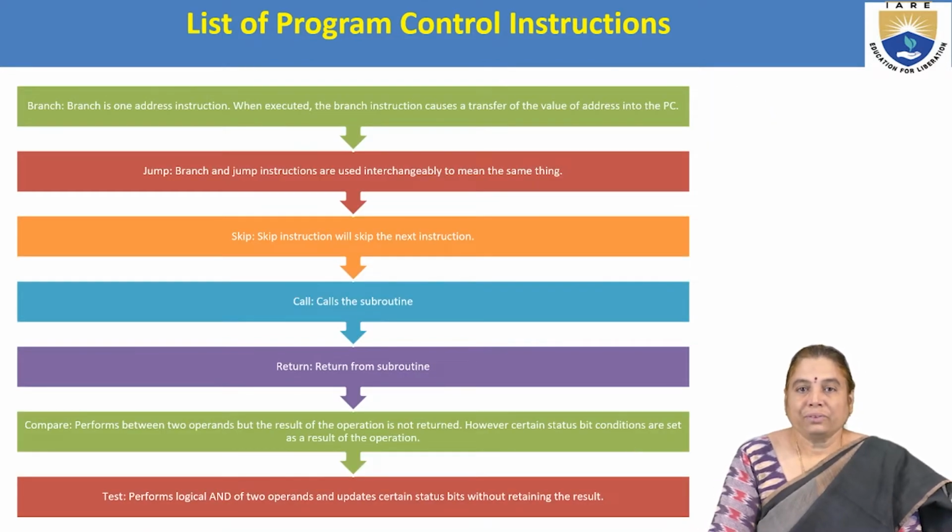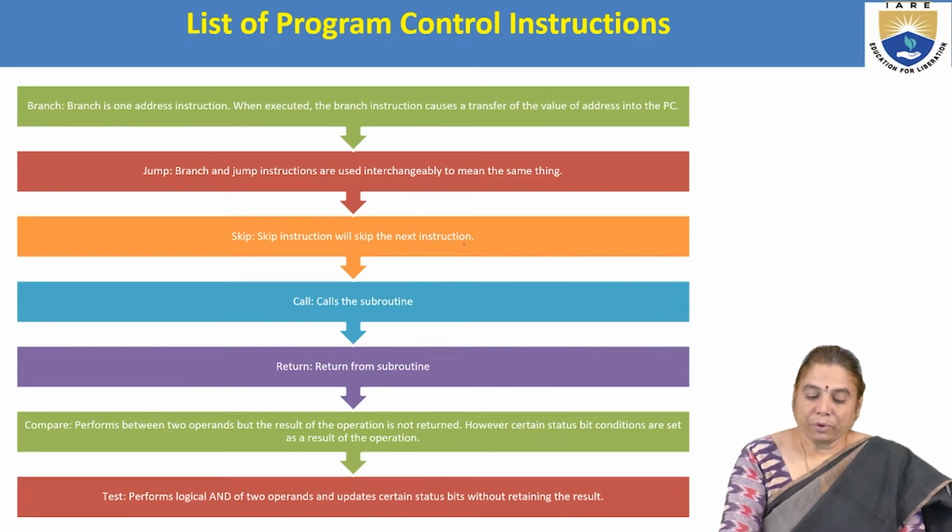So here branch can be used to move to a specific label so that the execution sequence can be altered. Jump is also used for a similar purpose. They are unconditional changes of the program execution sequence.